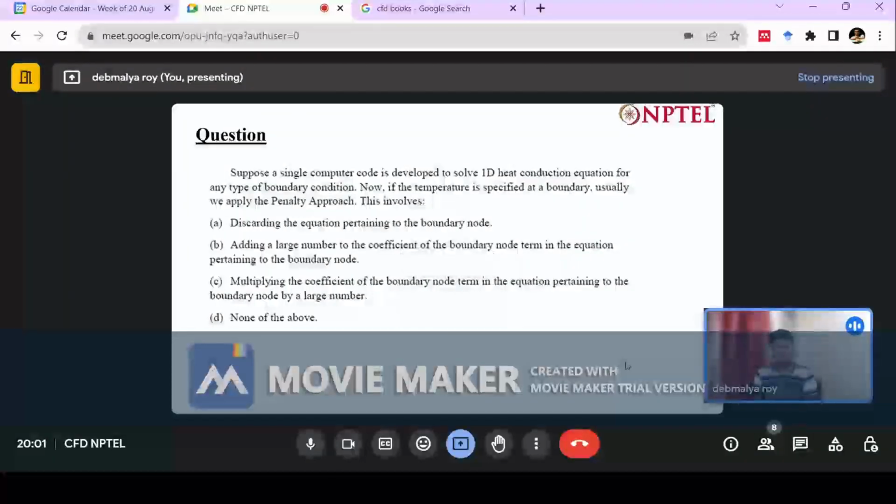Yes, that is also correct. So what we have is the stiffness matrix and the diagonal term which corresponds to this particular node. There we will add a large number, and also we will add a large number to the force matrix, right? So if we do that, and the number is sufficiently large, only that part will dominate. So that is basically the concept.